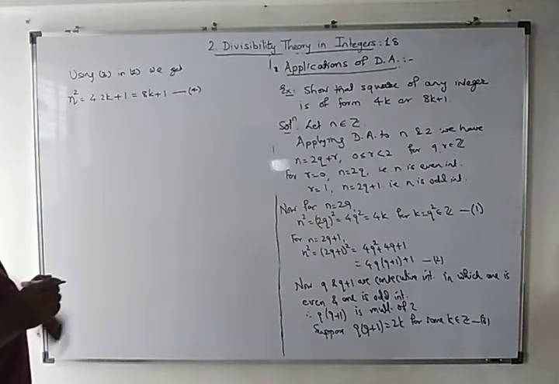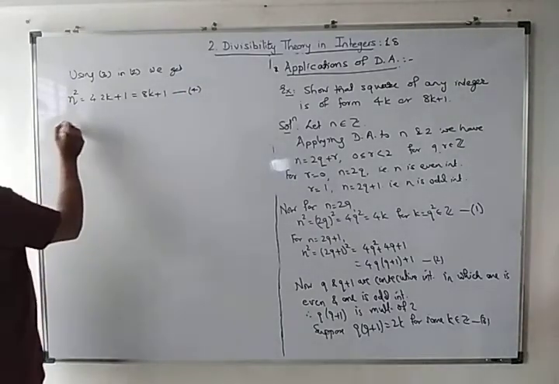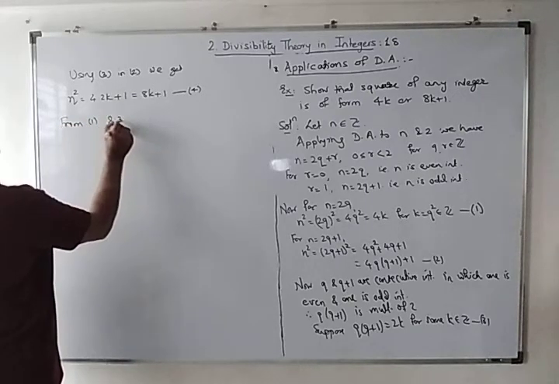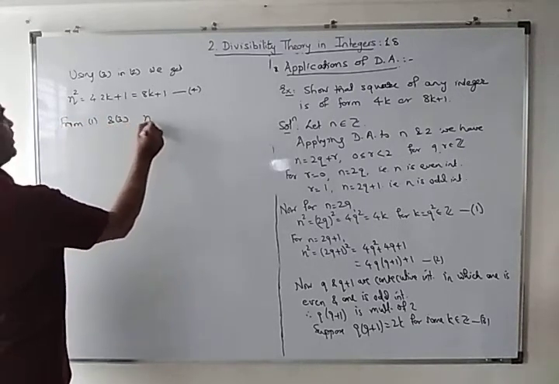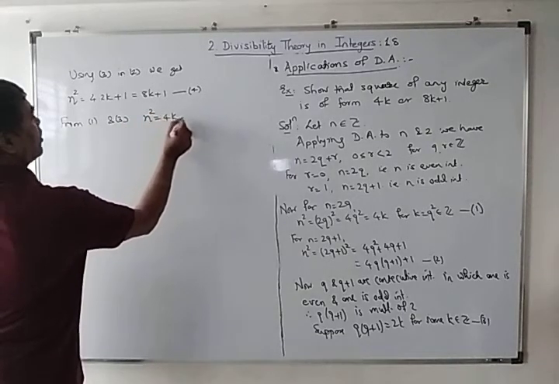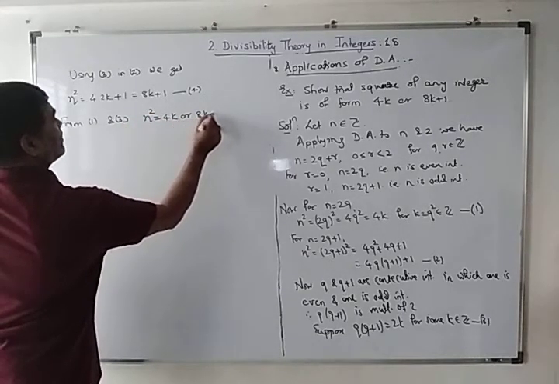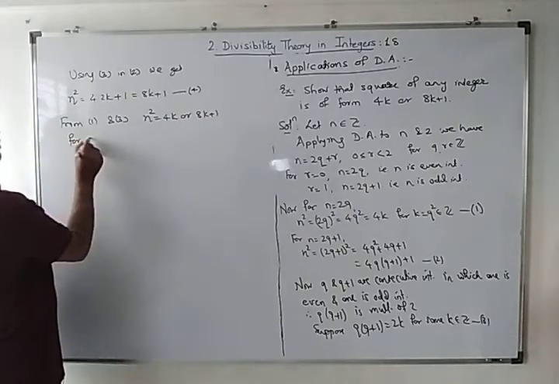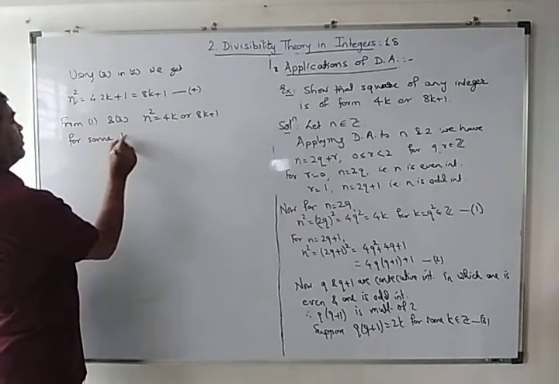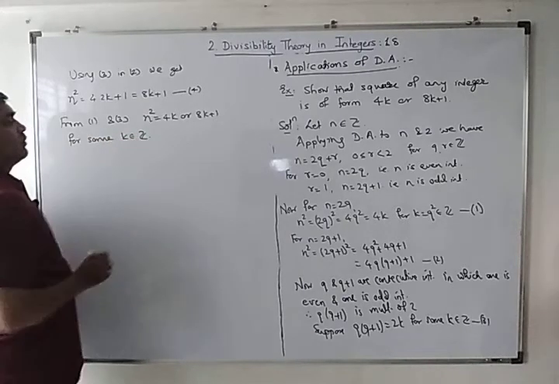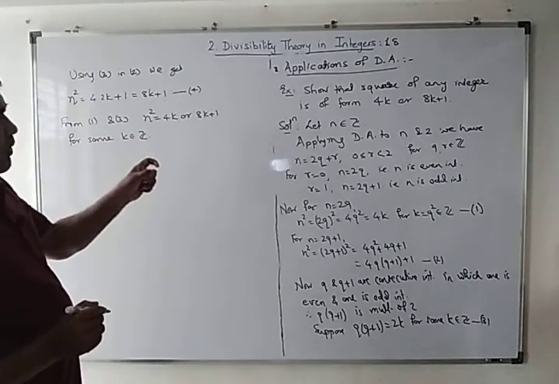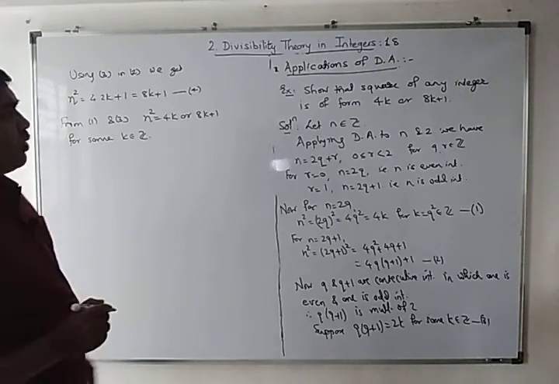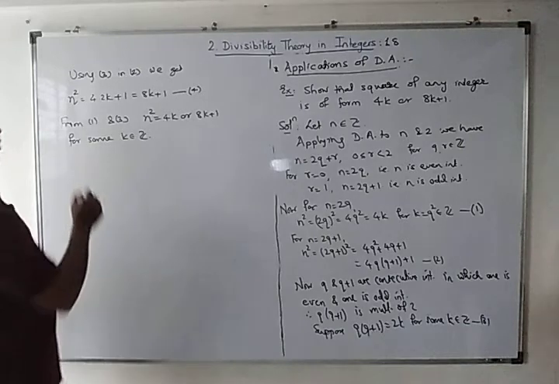From 1 and 3, n square is equal to 4k or 8k plus 1 for some k belongs to Z. So the square of any integer is either of 4k or 8k plus 1 form.